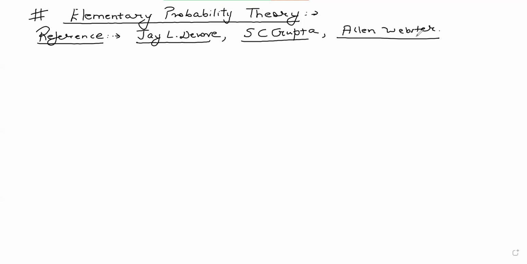Now, in this particular lecture, we continue with probability theory, and we now look at some relations from set theory. So students can write the heading Relations from Set Theory.